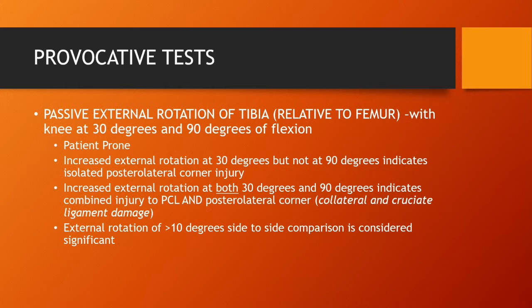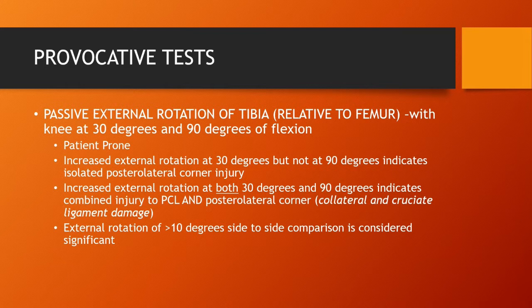Then the next test, the passive external rotation of the tibia, rotation of the tibia relative to the femur, is performed with the patient prone, and we want to perform this maneuver at both 30 degrees of knee flexion and then also again at 90 degrees of knee flexion.